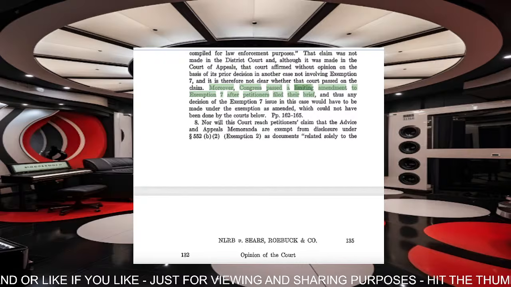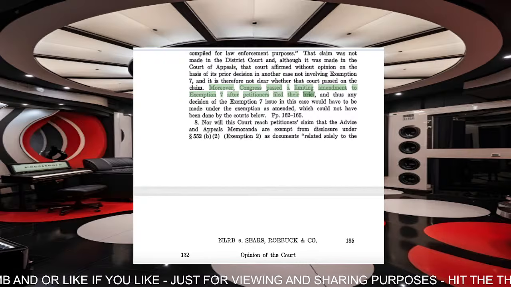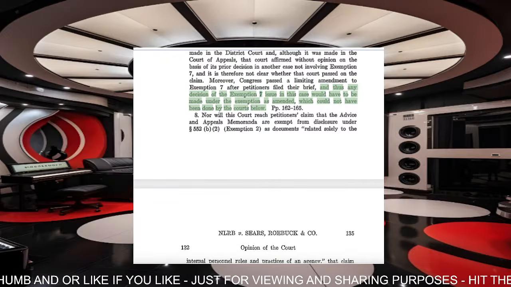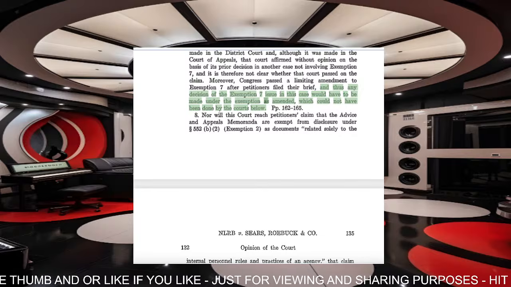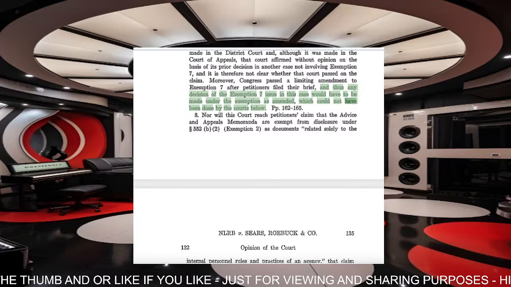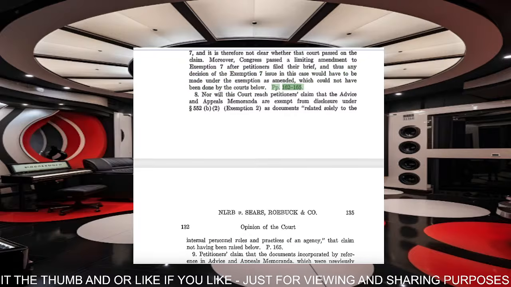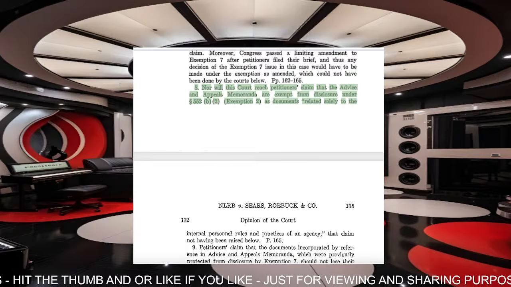Moreover, Congress passed a limiting amendment to Exemption 7 after petitioners filed their brief, and thus any decision of the Exemption 7 issue in this case would have to be made under the exemption as amended, which could not have been done by the courts below. pp. 162 to 165.